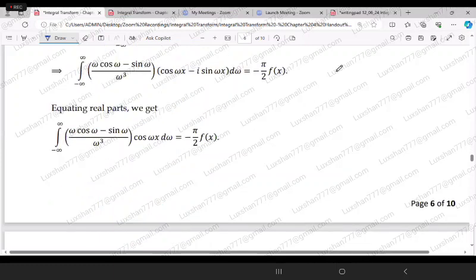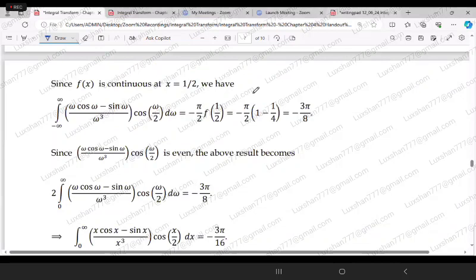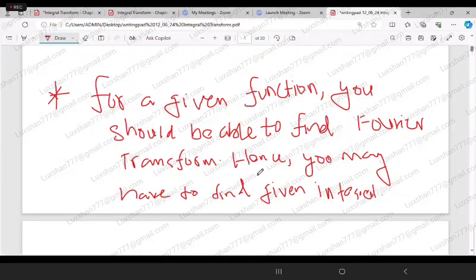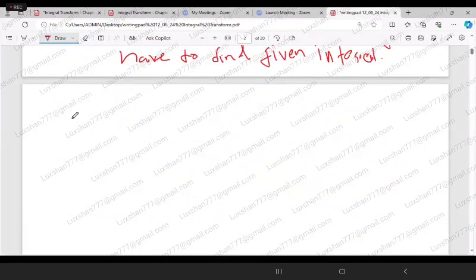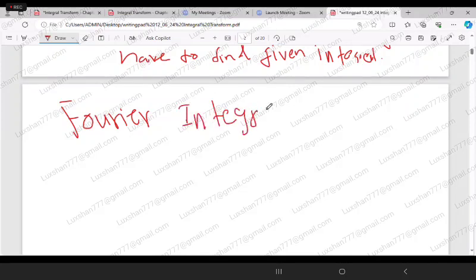Now you can remember that when we studied the Fourier integral representation, I'm just recalling this for some purpose.